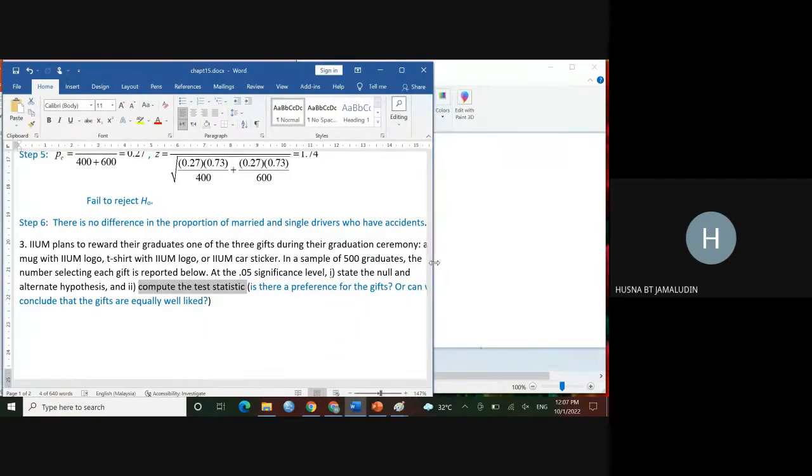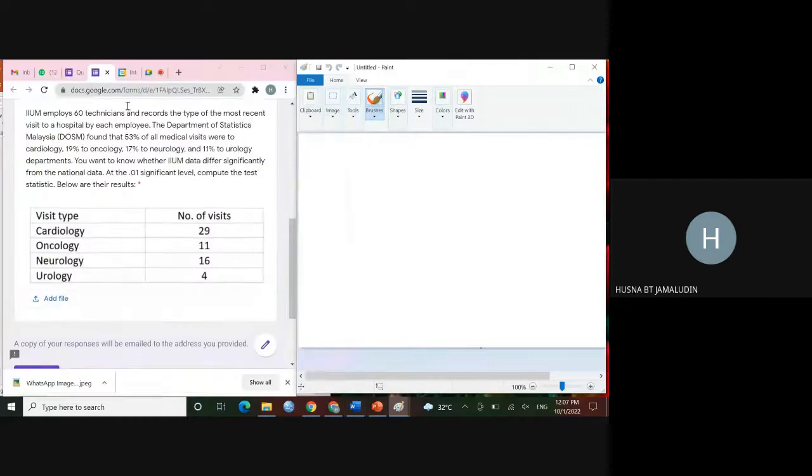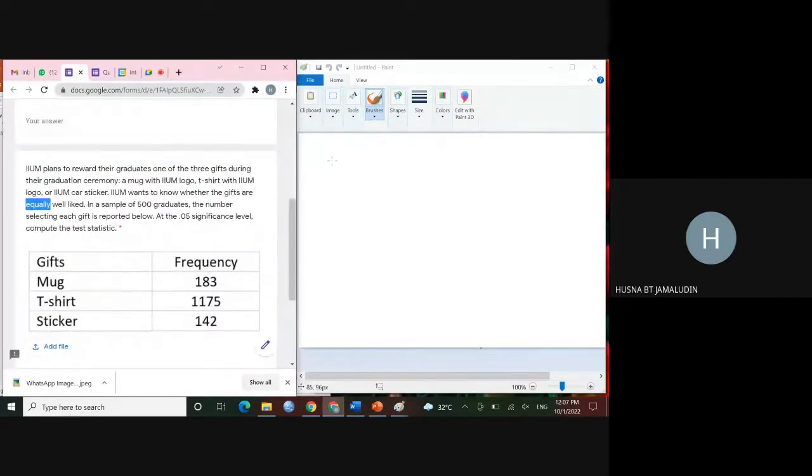This is step 1, H null and H1. If you have this data, what can we say? How to write the H1?